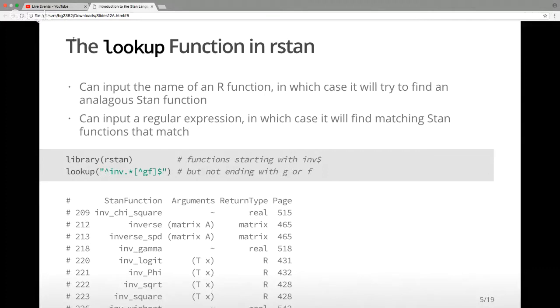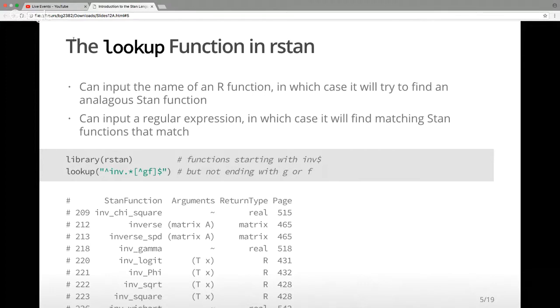And so if you load up the RStan package and you want it to find all functions that start with INV but do not end with G or F, then you could pass a regular expression like this, and you get back things like the inverse chi-square distribution, the inverse of a matrix, inverse gamma distribution, inverse logit function, inverse phi function, inverse square root, etc. All the functions that start with INV.